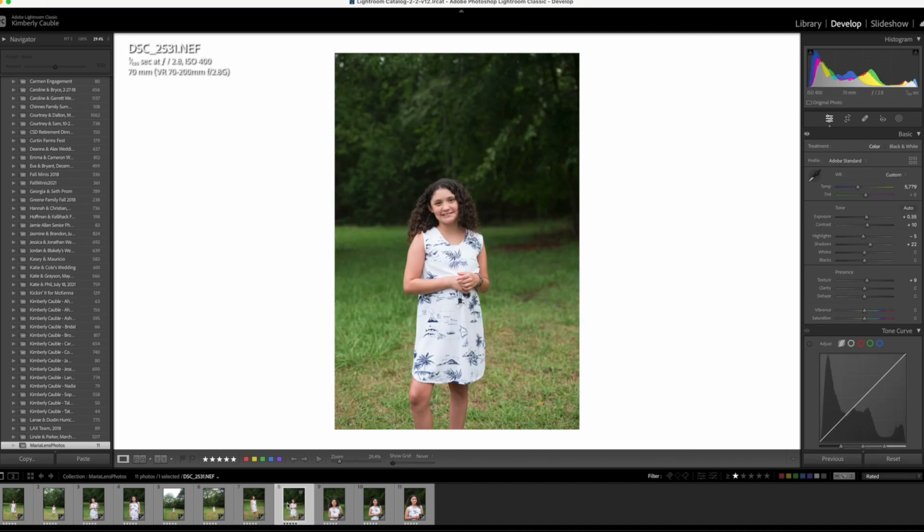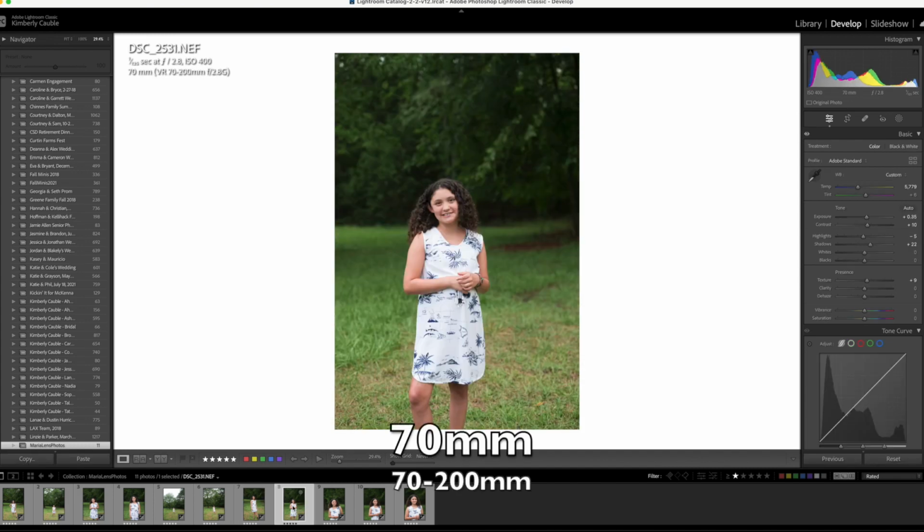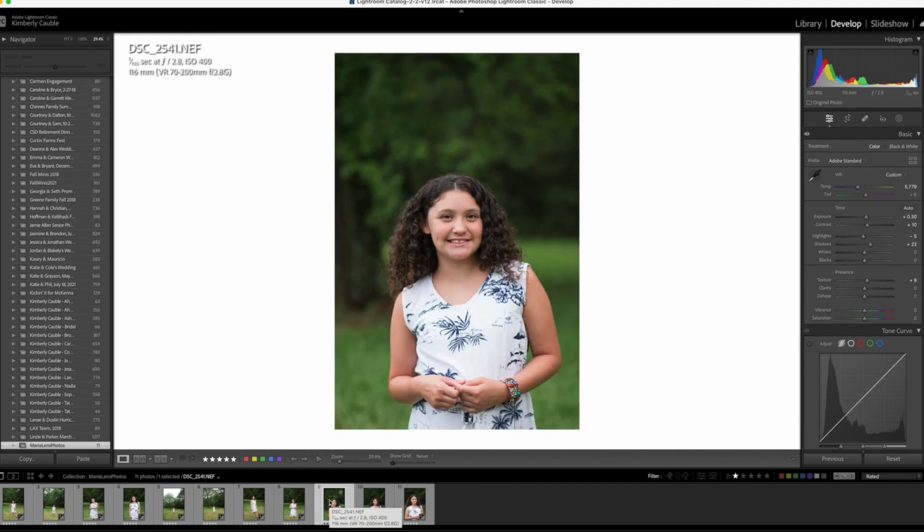After that, I put on my 70 to 200. So at this end, I ended at 70 on this particular lens and began at 70 on this particular lens. So they're very similar because it's the same focal length from her. But with this particular lens, you can zoom way in. So this is 70 millimeter. This one is 116 millimeter.